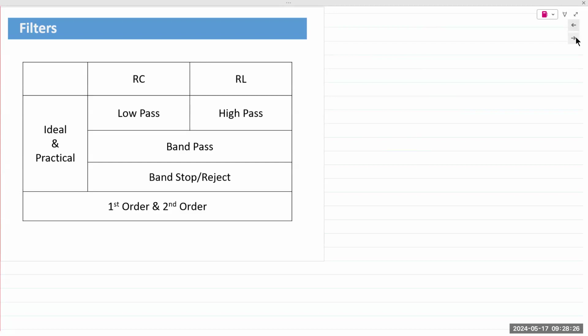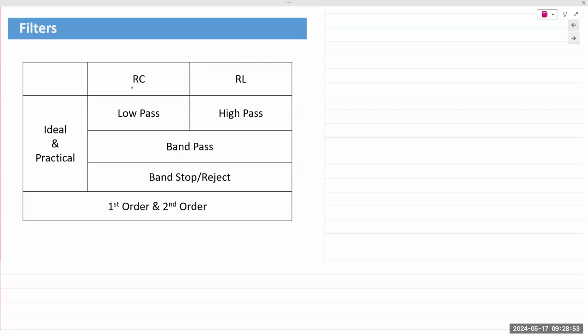Okay. Filters can be classified broadly using the component that is used to build that circuit. We can call them RC or RL. So if it's capacitor based, we call them RC circuits. If it's inductor based, we call them RL circuits. And then we have circuits that use both of them, and we call those RLC circuits.